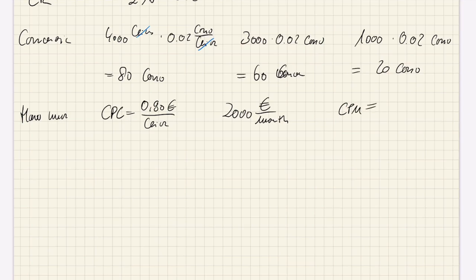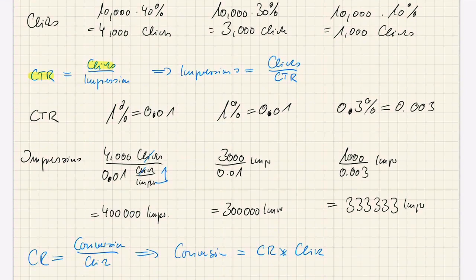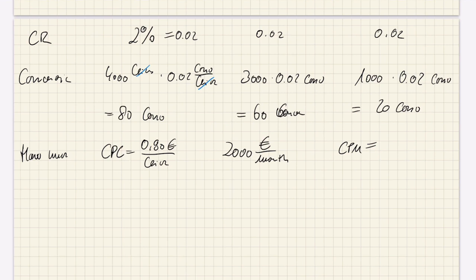So we have a price of 10 euro in here for 1,000 impressions. 10 euro for 1,000 impressions. That doesn't really help us, so we have to norm it.